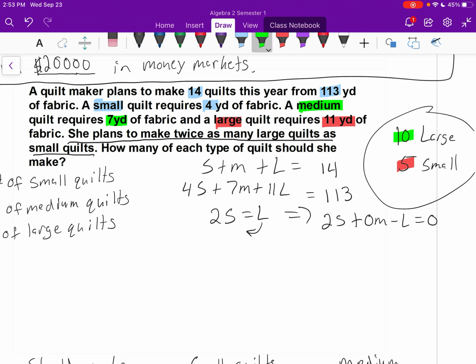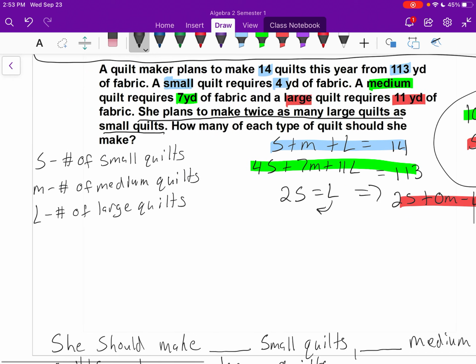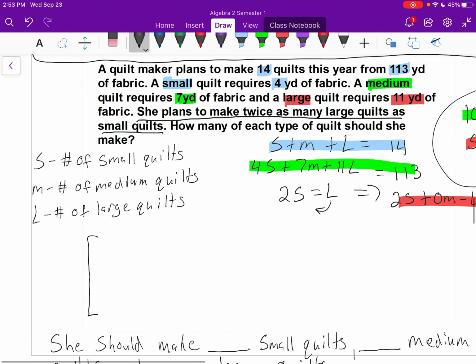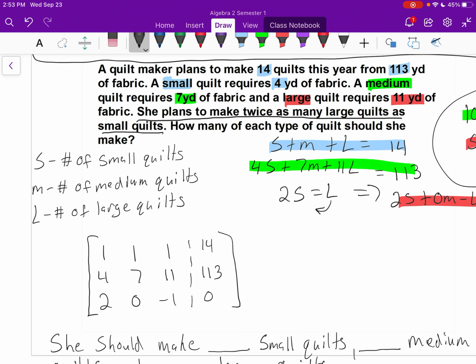So again, we're going to use this for our first row, second row, and our third row in our augmented matrix. So go ahead, 1, 1, 1, 14, then 4, 7, 11, 113, then finally 2, 0, negative 1, 0. There's our augmented matrix.